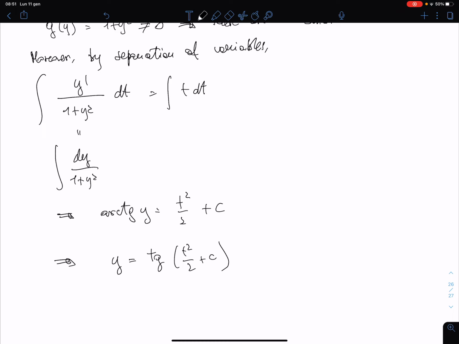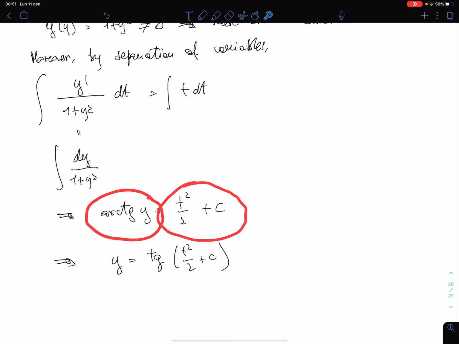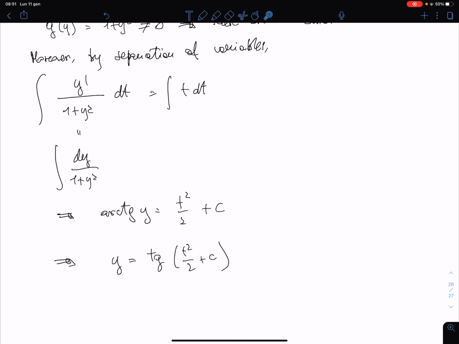You may wonder about the fact that t squared over 2 goes to plus infinity as t grows, so there are many asymptotes and so on. The point is that in order to remain in the range of the arctangent of y, you have to suitably choose c.